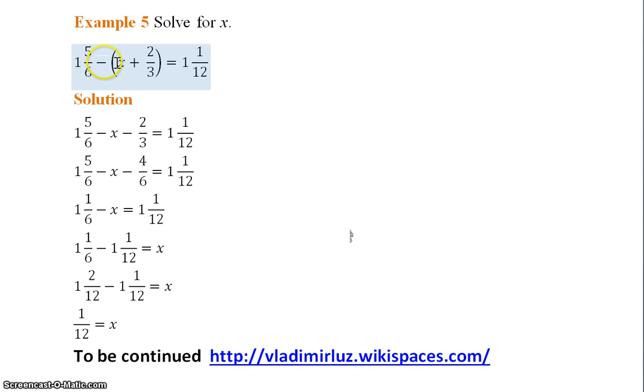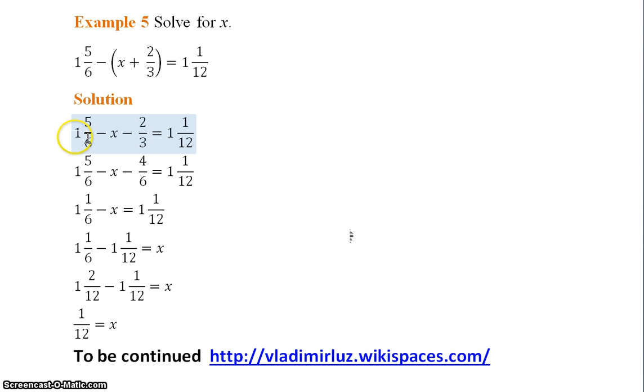Because we have minus before the brackets, we should switch the signs before each term of the binomial inside the bracket. So we get minus x and minus 2/3. Please pay attention that you change the sign not only in front of x, plus into minus, but also in front of 2/3, plus changes to minus.